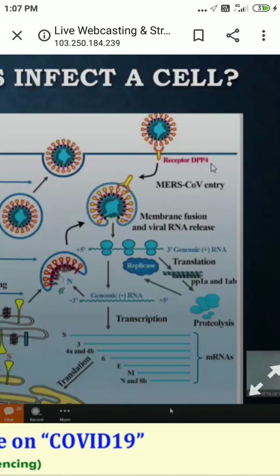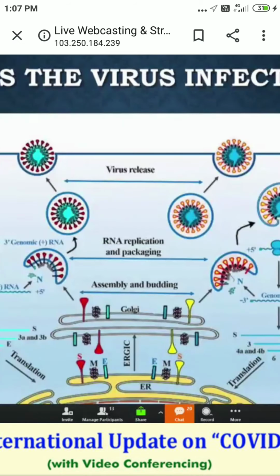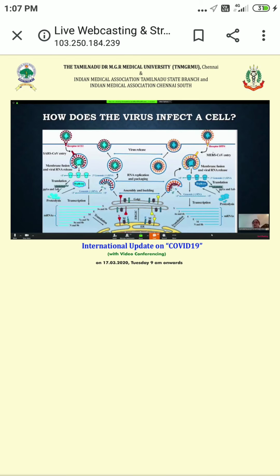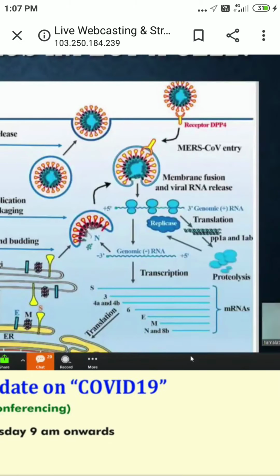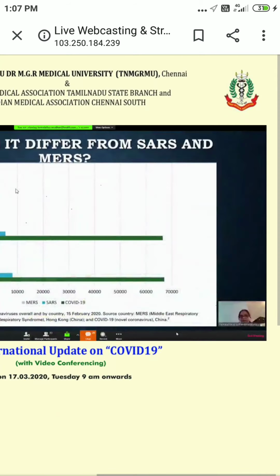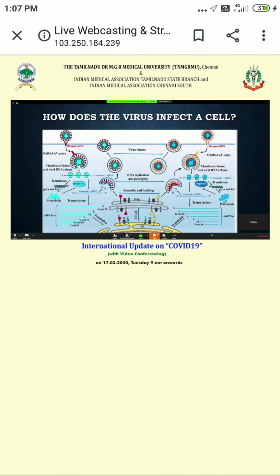Now, this receptor is predominantly present in type 2 alveolar cells in the lower respiratory tract, as well as the kidneys, which is why we saw a lot of patients with MERS-CoV present with kidney failure or renal failure. Whereas the ACE2 receptors are present in multiple cells, including the type 2 alveolar cells, the vascular endothelial cells, as well as the kidneys.